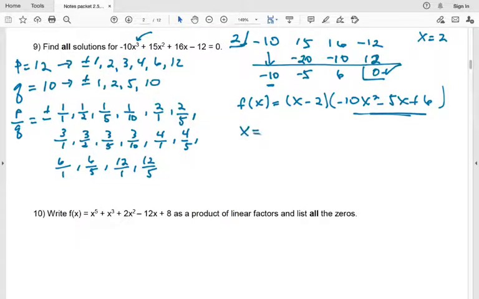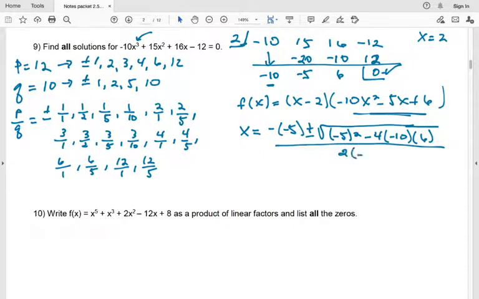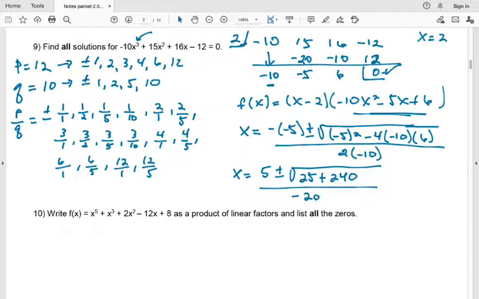So we've got x equals a -b, so -5 plus or minus the square root of b squared minus 4 times my a value times my c value all over 2 times a -10. All right, that gives me a +5 and then 25 plus 240, I believe, all over -20.